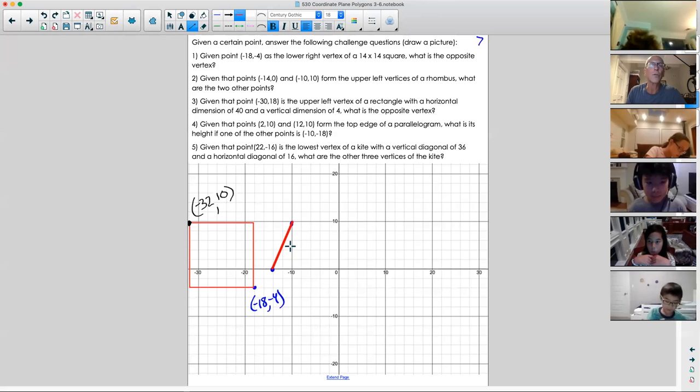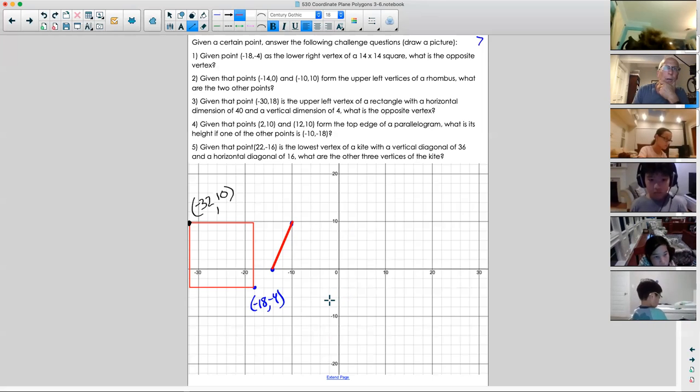What are the other 2 points? And I think that there are, could there be different solutions to this? Maybe there could be. I actually think there might be 2 different solutions, but it would be hard.